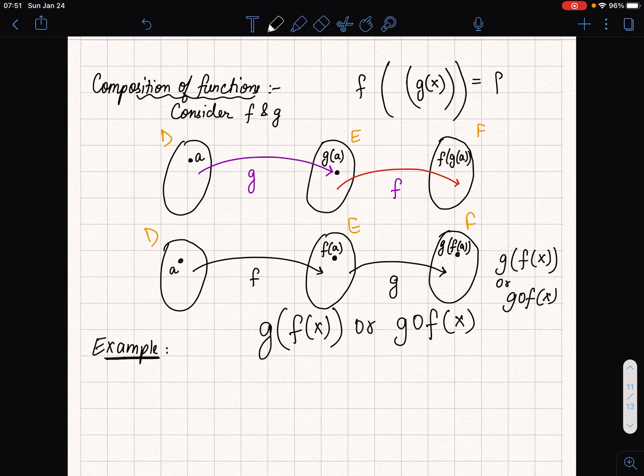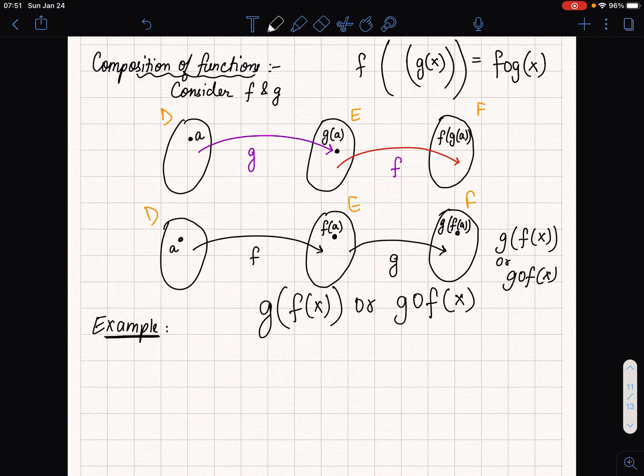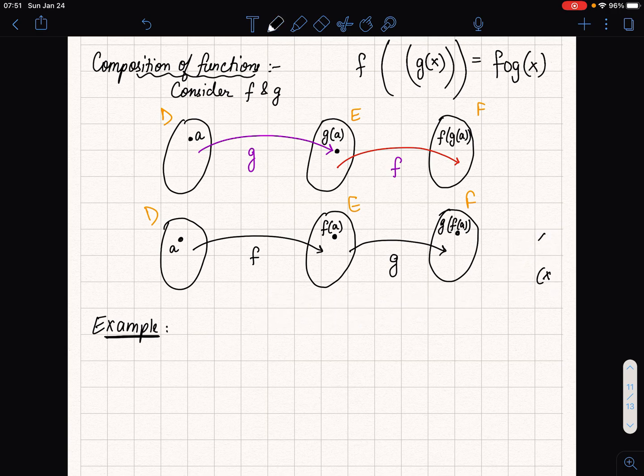Therefore, this function is written as f o g of x. The second kind of function, where the first function is f while the second function is g, we write in the following manner. The first function is f of x, the second function is g of f of x. So we have g o f of x.